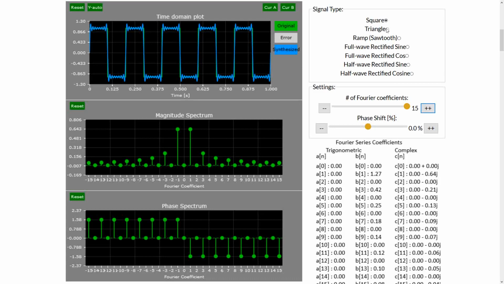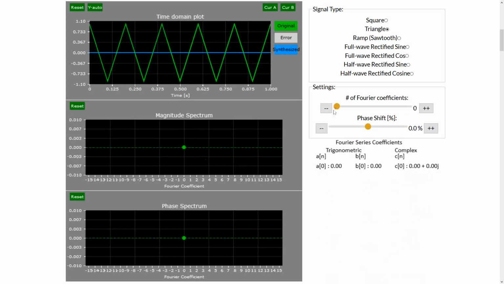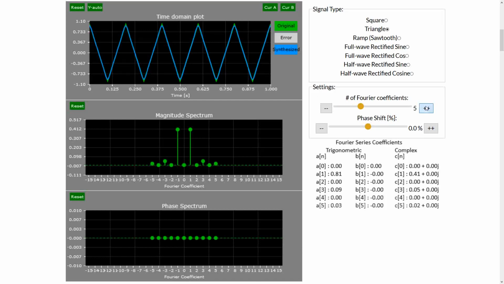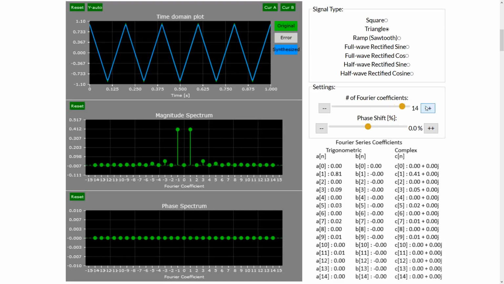Okay, before I close down this tool, let's look at a triangle, right? See, we have got closer, very close, but no sharp edges, right? So we are adding harmonics. See, it's getting closer and closer to our actual triangular waveform. Very nice tool.